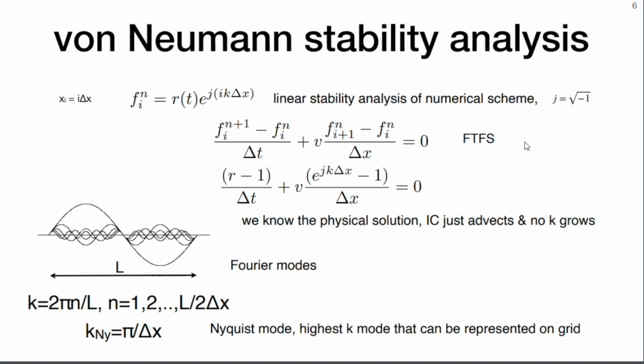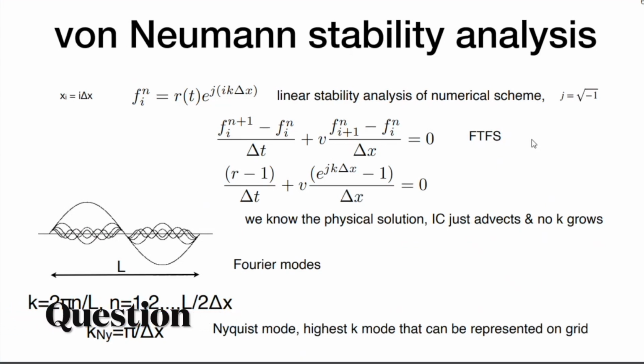And the largest k that will be represented on this grid is pi by delta x, which corresponds to the Nyquist wave number. Okay. So we can only use this stability analysis for linear systems. No, you can use it for nonlinear systems, but it will just give you linear behavior around that initial condition.